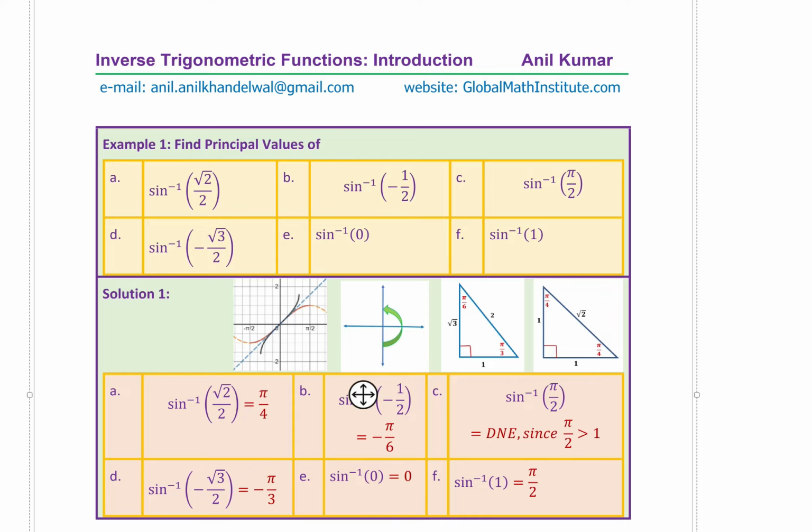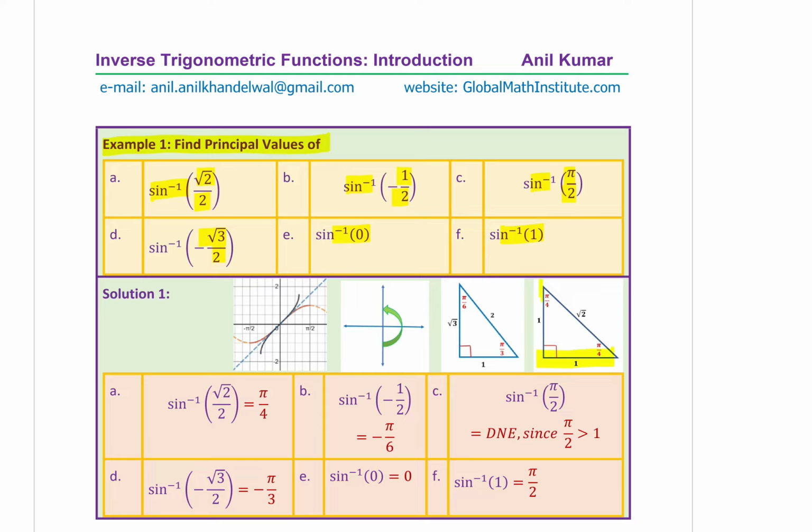Now let's take up examples to understand this concept. The example number 1 here is to find the principal values of some inverse sine functions: sine inverse square root 2 over 2, sine inverse minus half, sine inverse of pi by 2, sine inverse of minus square root 3 over 2, sine inverse of 0, and sine inverse of 1 are to be evaluated in this example. Now to find the inverse of a trigonometric function, it is important to look into our special triangles.